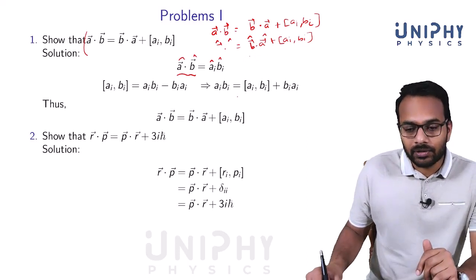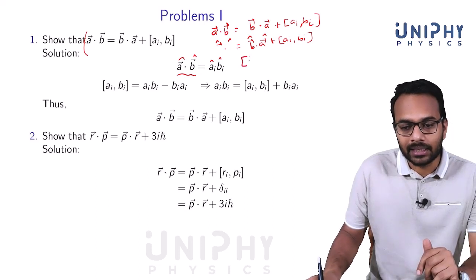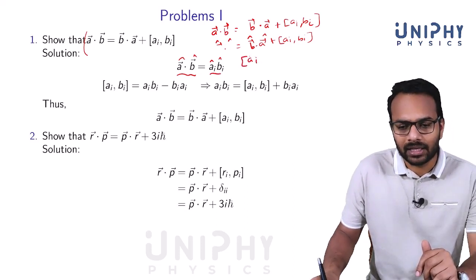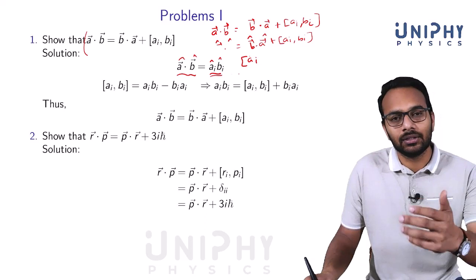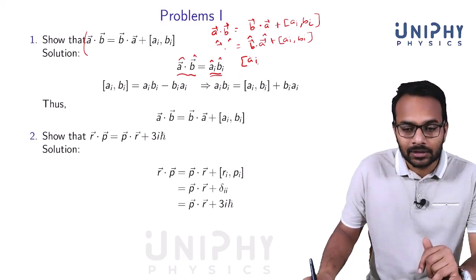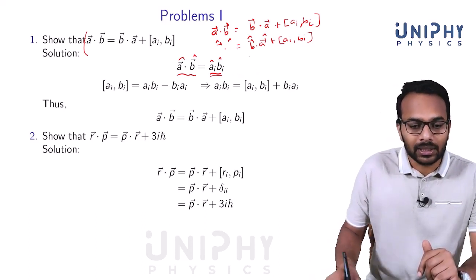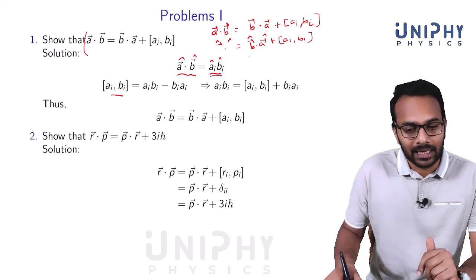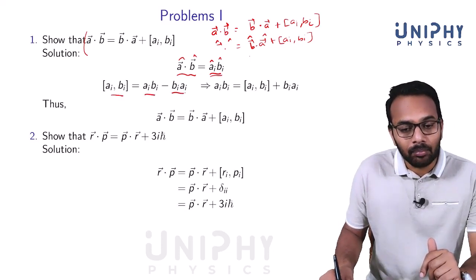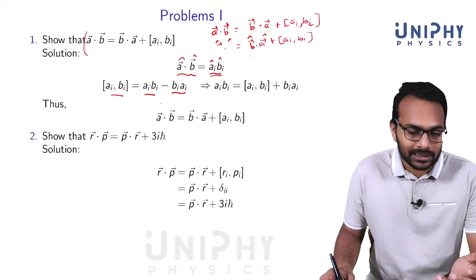Now what do we have for the commutator ai with bi? Here we have got aibi and we need it of the form biai. Let's look at the commutator ai with bi, and it is aibi minus biai. It's just the commutator.